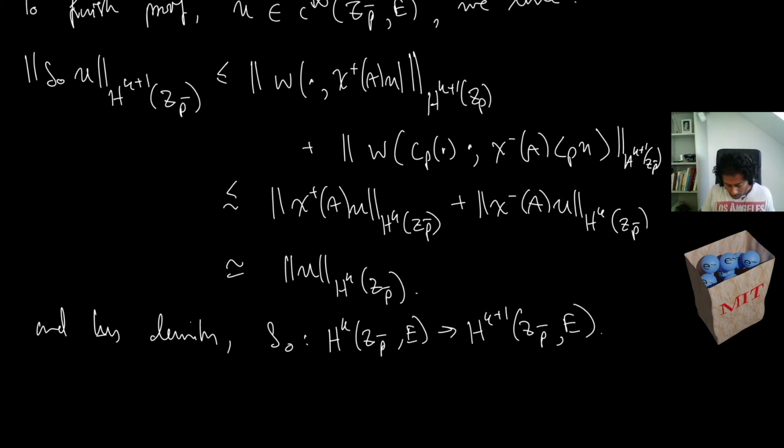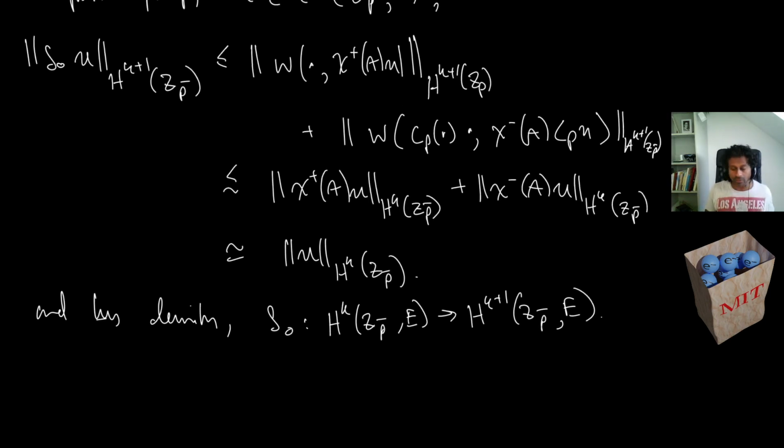Somehow the S naught is really a potential. We've already seen last time in the lemma that it's an inverse to the left, and it's a potential, so it's actually boosting up regularity. And we want to now obtain information about D from S, or D naught.